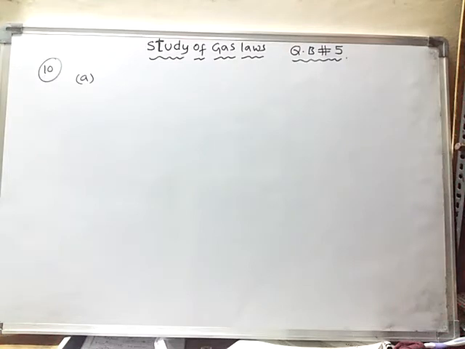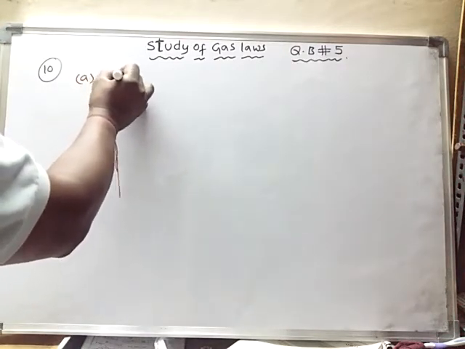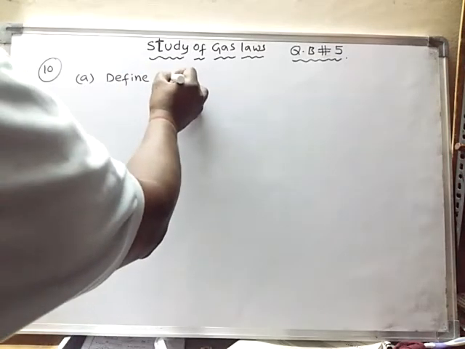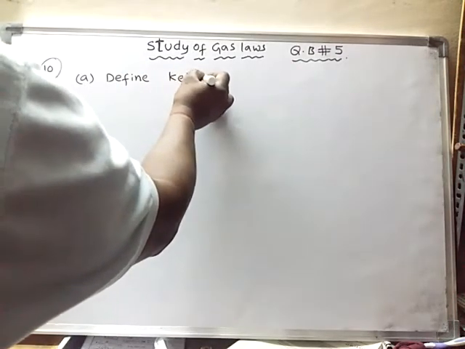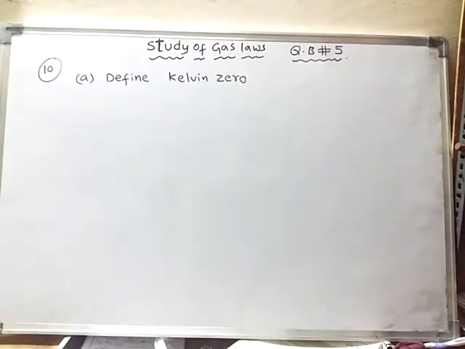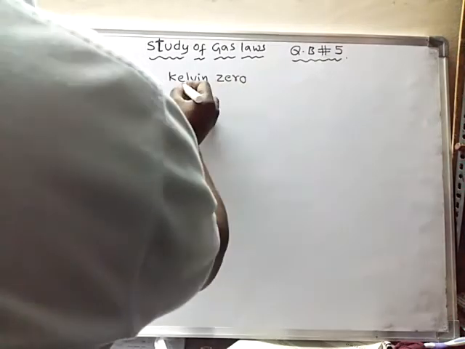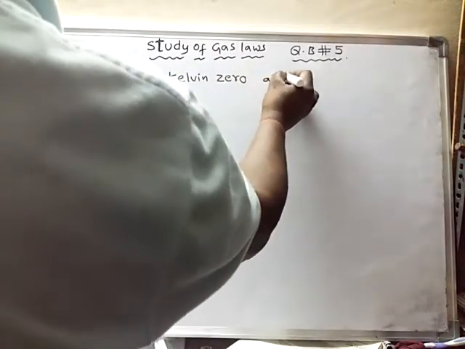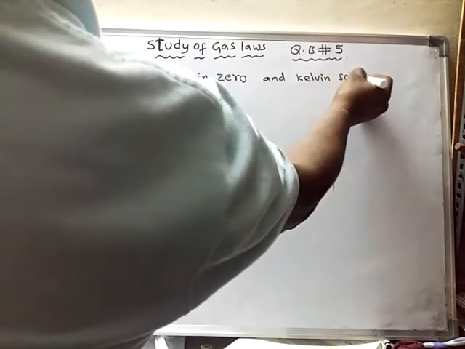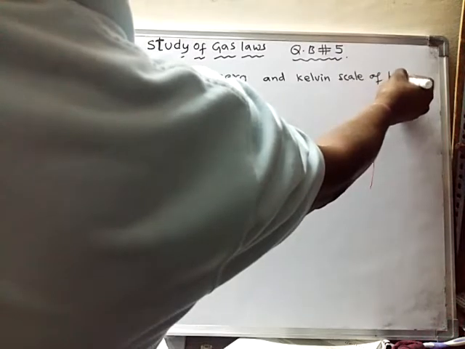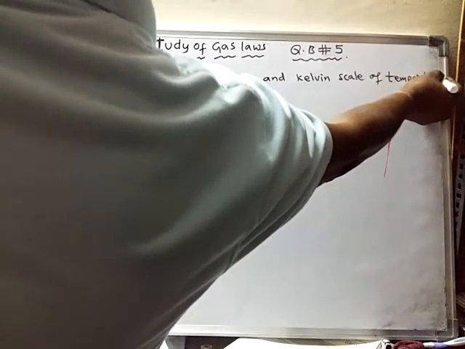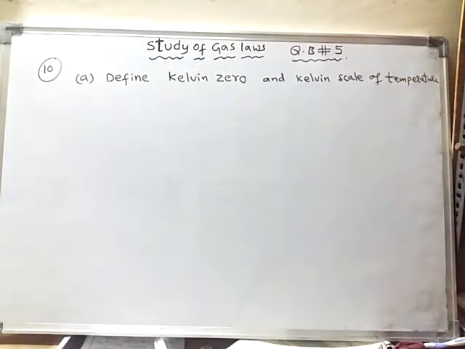The first sub question is: define Kelvin 0 and Kelvin scale of temperature.